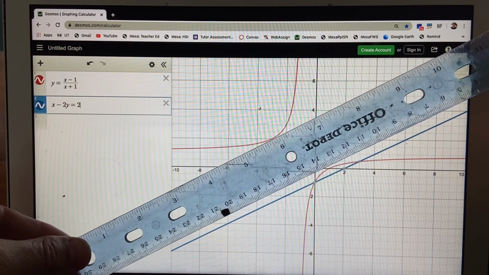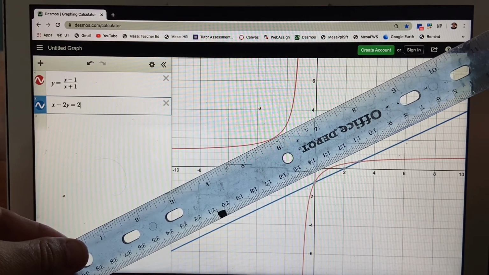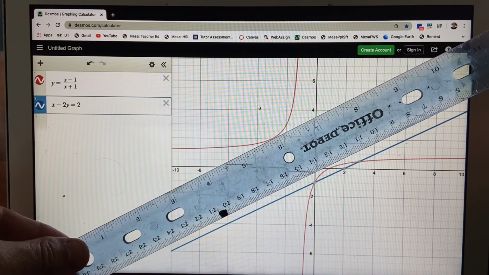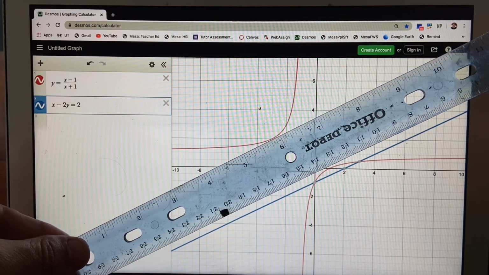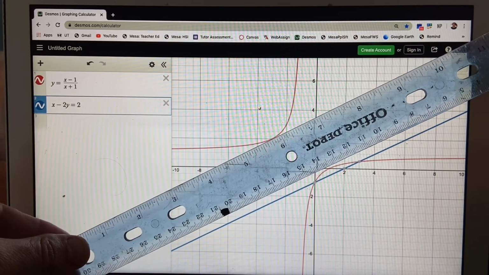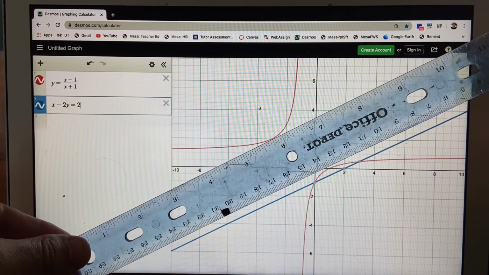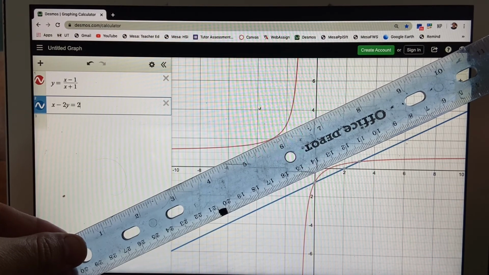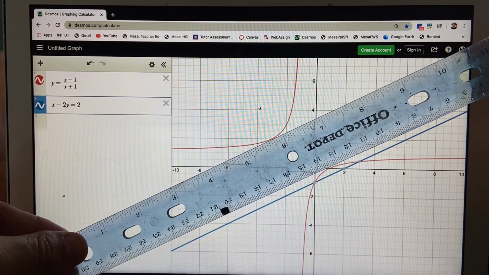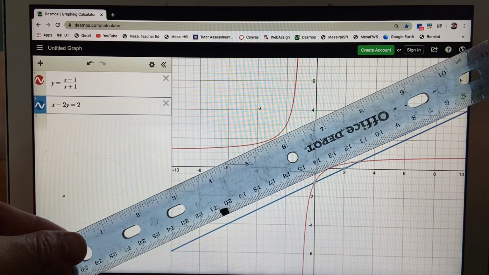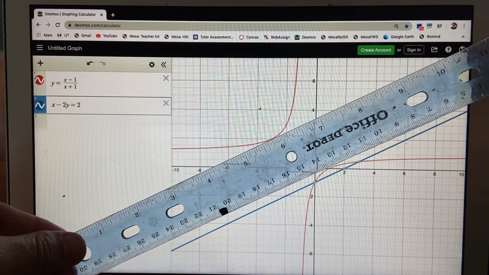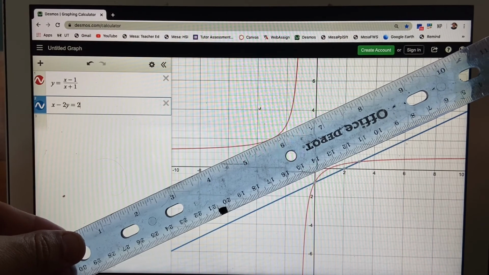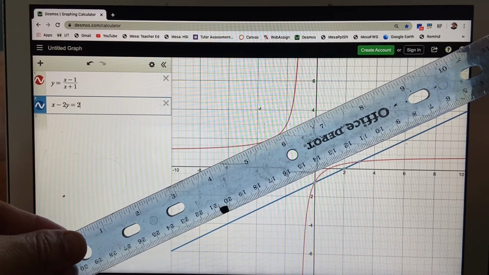So you can see like right around here, if you look at the upper edge of my ruler, it's tangent to that red curve roughly, and it's also roughly parallel to the given line. And luckily, you can also see the bottom red curve, the other edge of the ruler is kind of tangent to it and also parallel to the blue line.